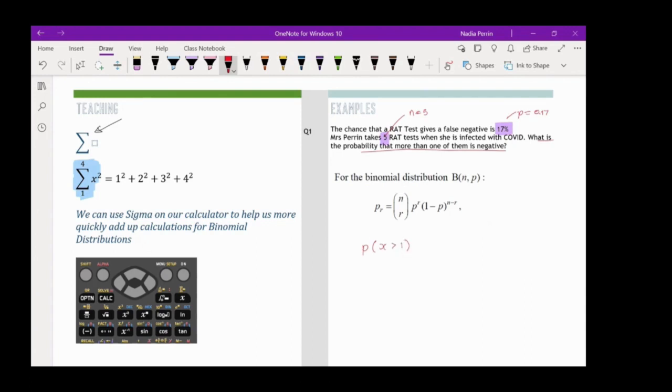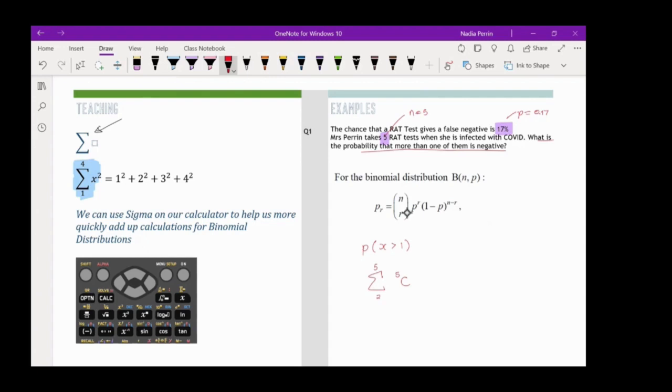If I'm thinking about that in sigma form, I'm not going to include 1 because it has to be more than 1. So we're going from 2 to 5. And then we're literally just going to use this formula, but we're going to use x's for the ones that we don't know. So we know n is 5, but r is the question. And the question is it's adding up 2, 3, 4, 5.